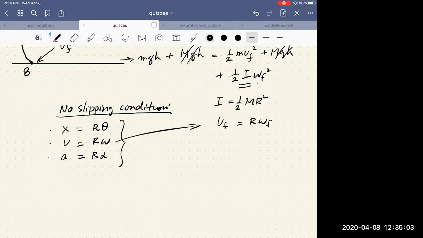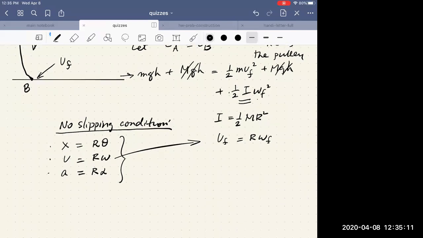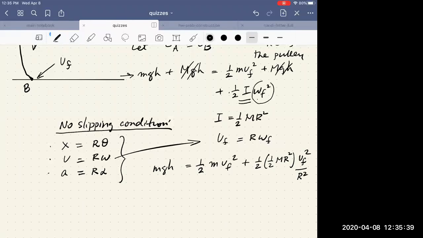So in this case, because you have omega f, clearly you want to connect omega and V, and because V is here, you pull out this one. That's simply what you're doing. So therefore you can write mgh equal to 1/2 m V final square plus 1/2 times 1/2 MR square times V final square over R square, because that's what this term here is.